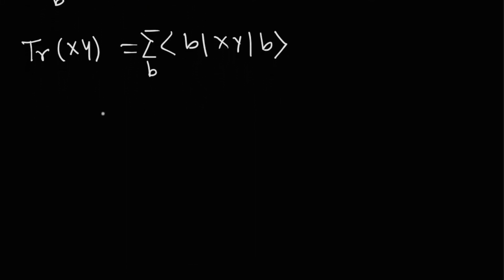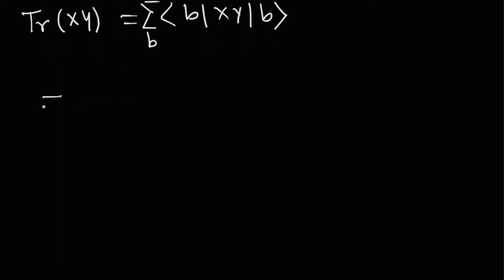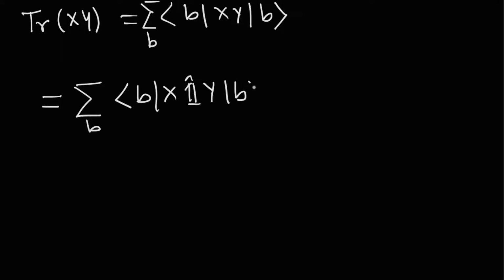Now let us use this closure relation: this is equal to <b|X times the identity operator times Y|b>.